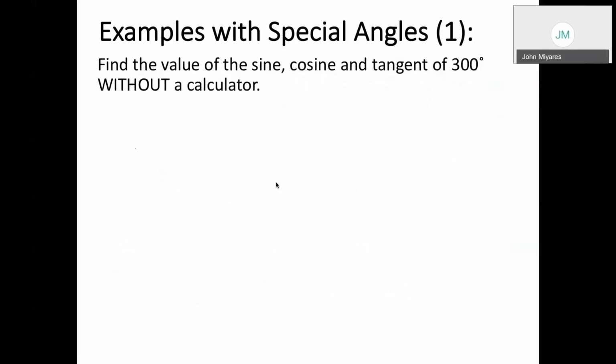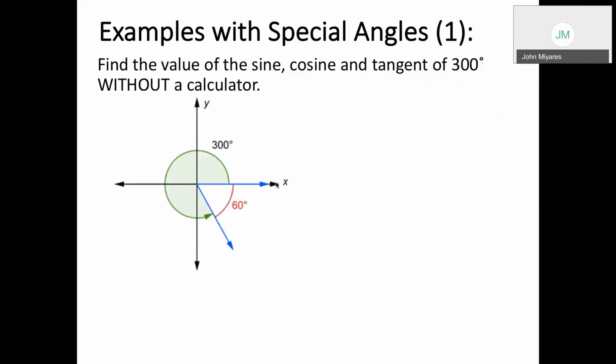So here's our first example. Find the value of the sine, the cosine, and the tangent of 300 degrees without a calculator. Here is a sketch of that 300-degree angle, and we can see the reference angle will be 60 degrees.